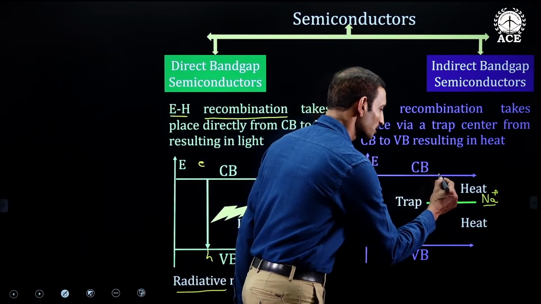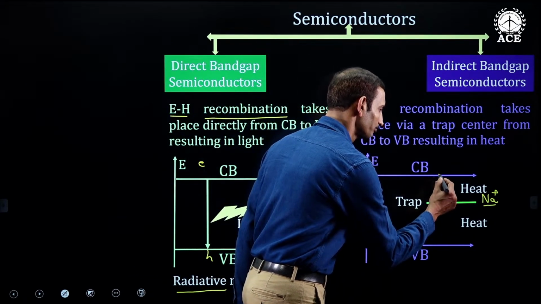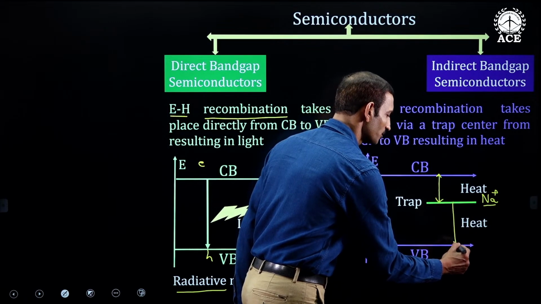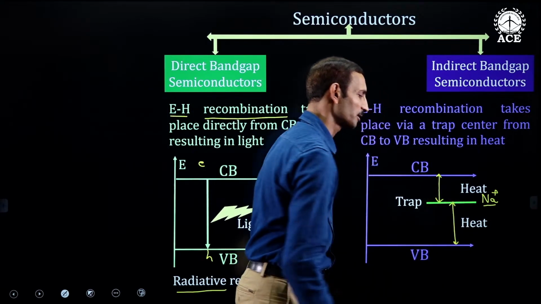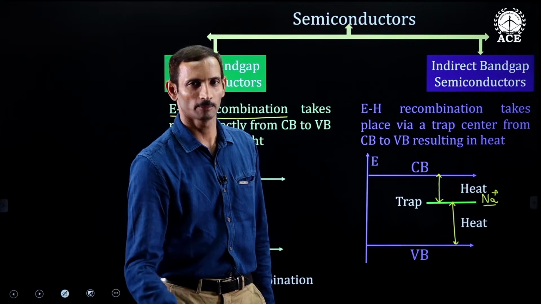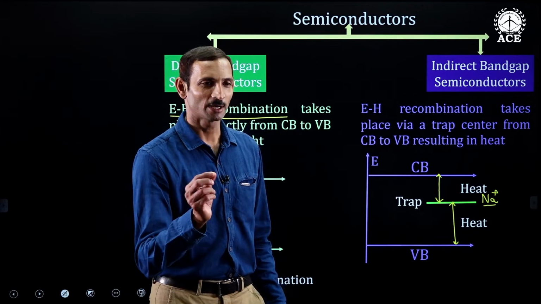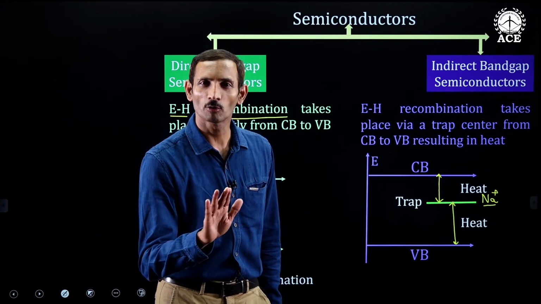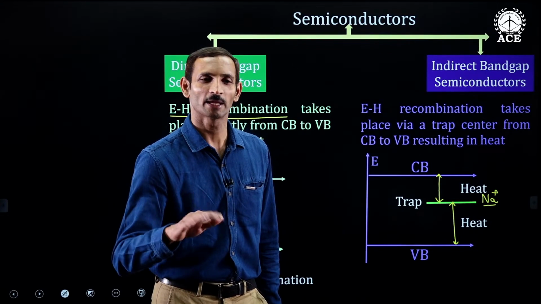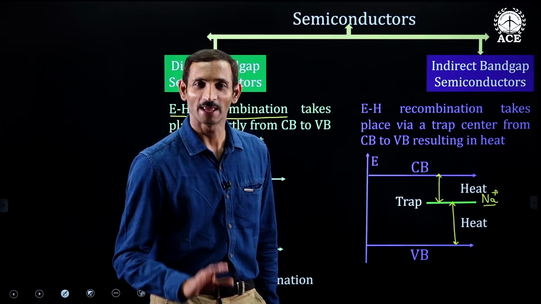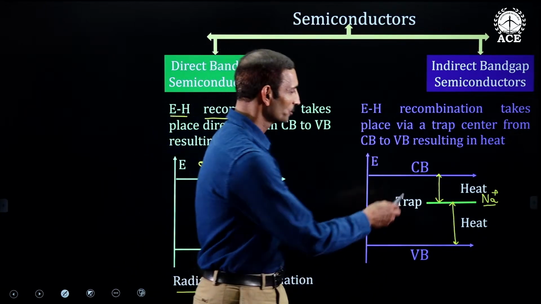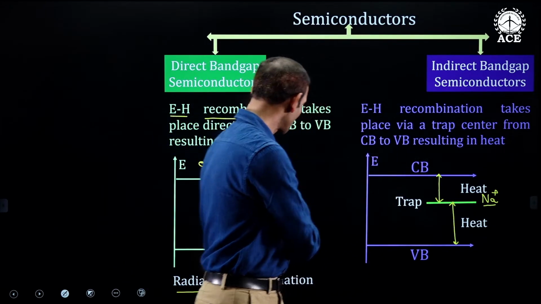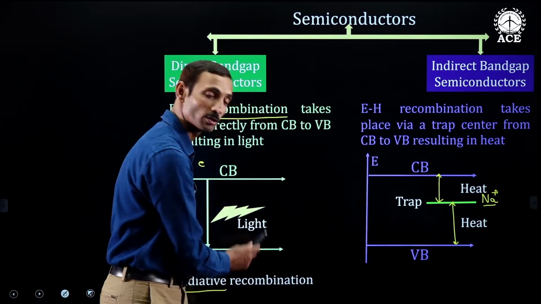One transition takes place from the conduction band to the trap center. After some time, another transition takes place from the trap center to the valence band hole. We know that when an electron recombines with a hole, no hole and no electron would exist. They cancel out each other. They annihilate each other. That's why, when I showed these diagrams initially, I showed you the electrons and the holes.